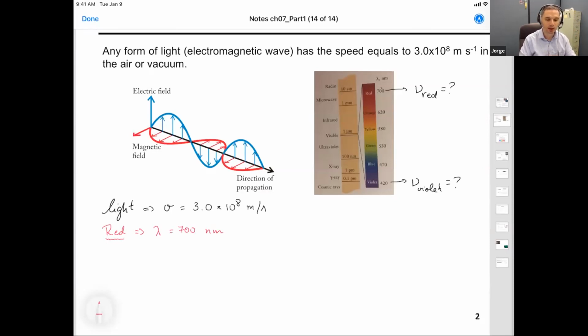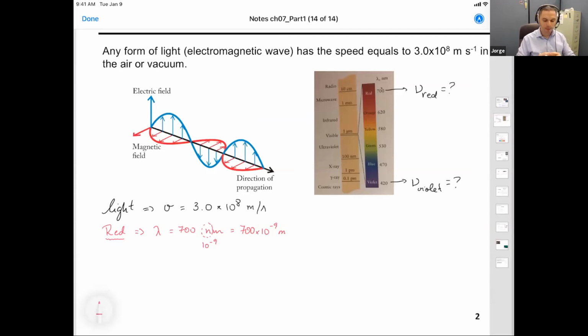First thing is to transform the wavelength from nanometers to meters. Remember that nano means 10 to the minus 9. Therefore, the wavelength for red light is 700 times 10 to the minus 9 meters. Let's leave it like that for now, and then at the end we can adjust.